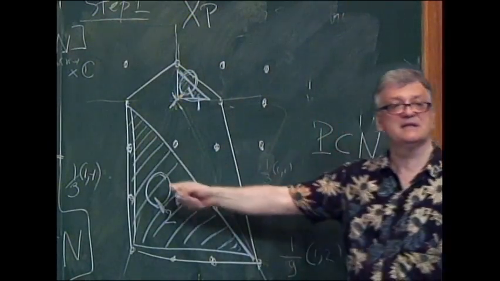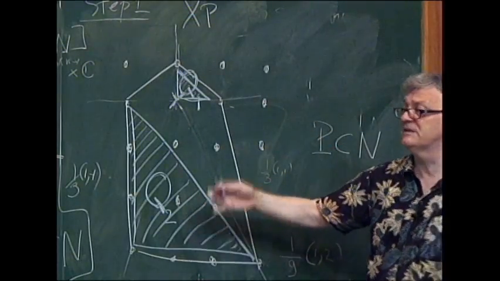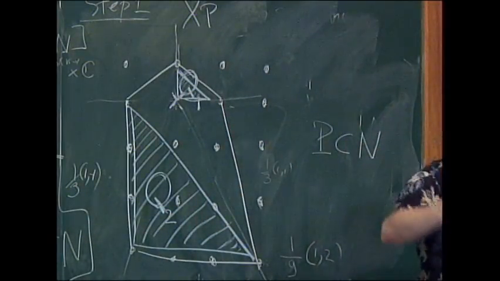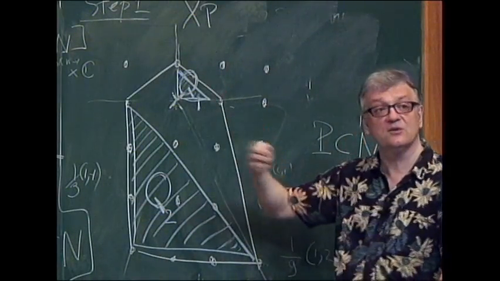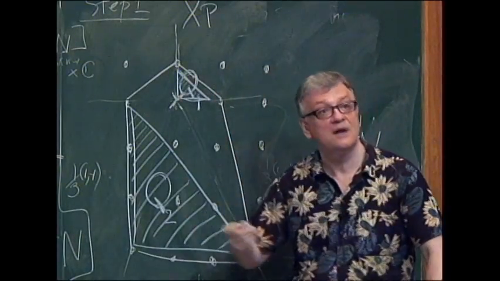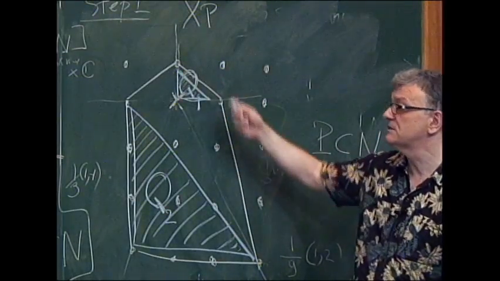So what I'm saying is that P is the convex hull of Q1 and Q2. And Q1 and Q2 correspond to some toric variety somewhere, S, and two divisors, D1 and D2 on S, such that these are the Q's attached to those divisors, and indeed their convex hull is P.